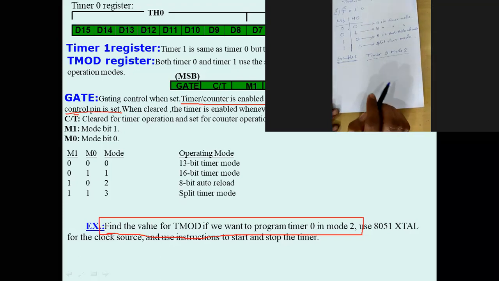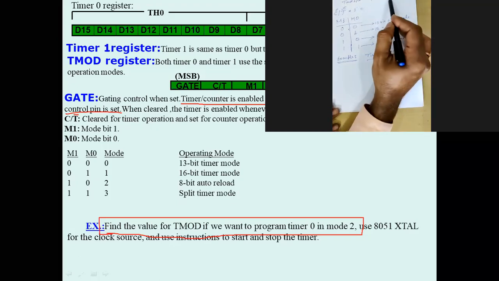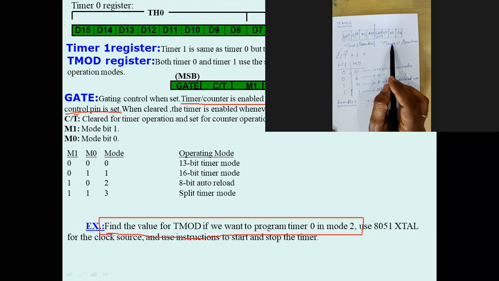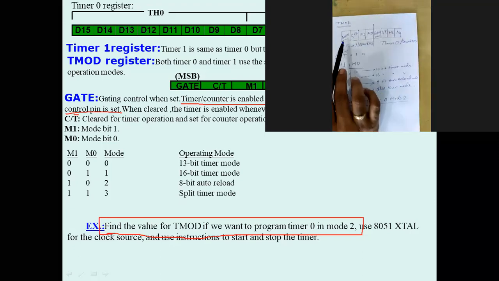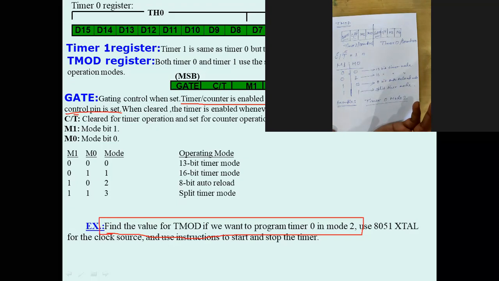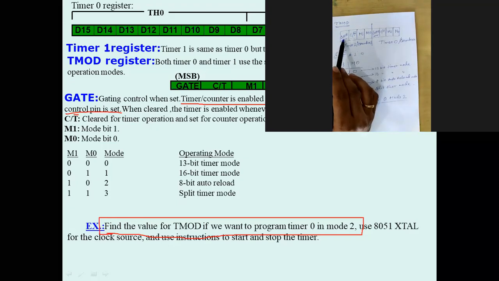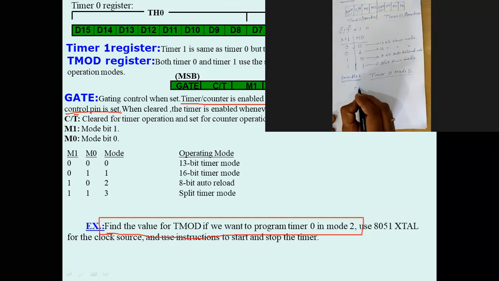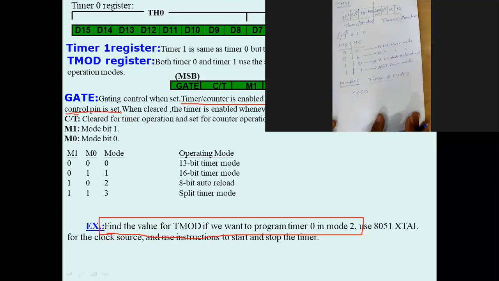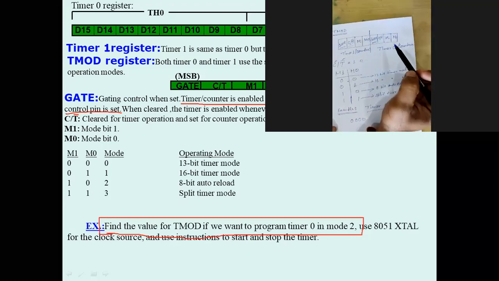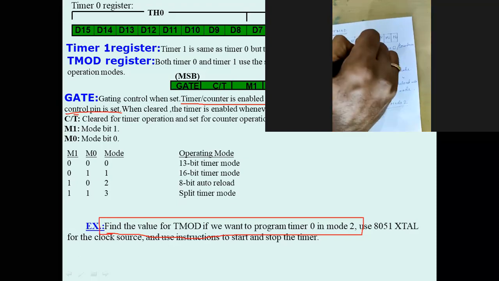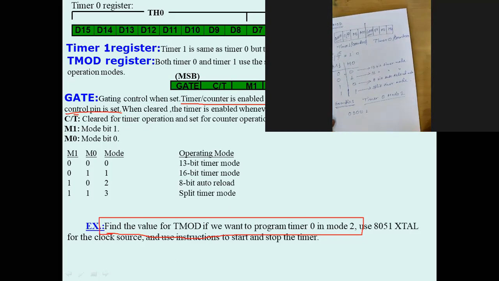Timer 0 means this portion will be utilized. Timer 1 will not be used, so we can take it as all 0s, 0 0 0 0. In this case, timer 0 is selected because we are using timer 0 mode 2. So for timer 0, this GATE will be 1. C/T bar, that is, this timer 0 is selected, so timer operation.